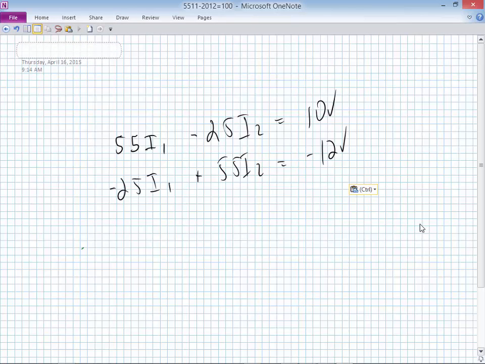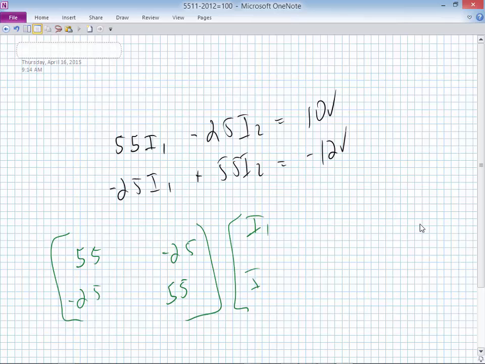If I take the matrix 55, minus 25, minus 25, 55, and I multiply that times I1, I2, right? That's going to be equal to 55 I1 minus 25 I2.